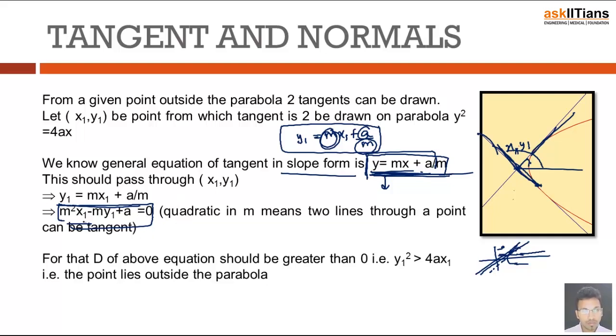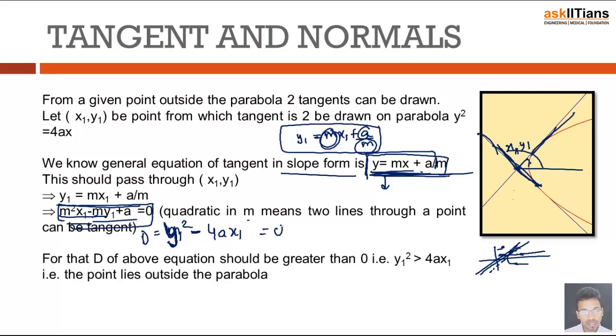Now we will see how the condition comes. Again we will find the D for this equation. D for this equation will be, not m square, but y1 square, because we are looking with respect to m here. So y1 square minus 4a x1. Now this is the D.